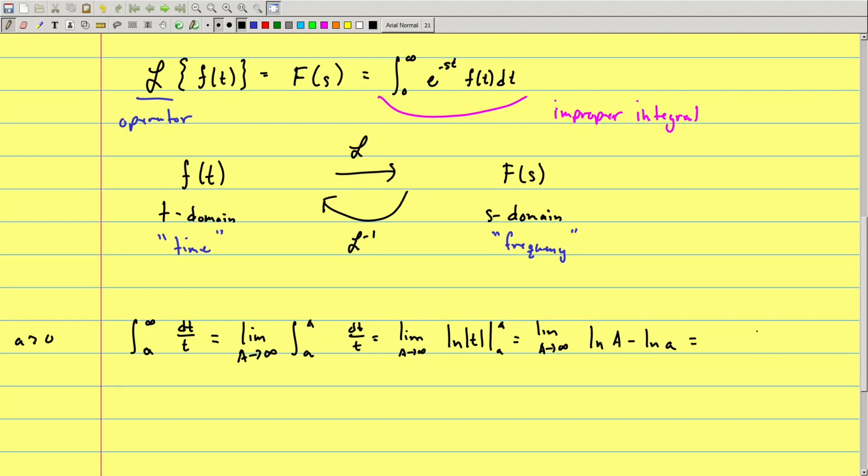Okay. In the limit, this is some fixed constant. This increases without bound. So we say that this improper integral is divergent, right? Because it fails to have a finite value.